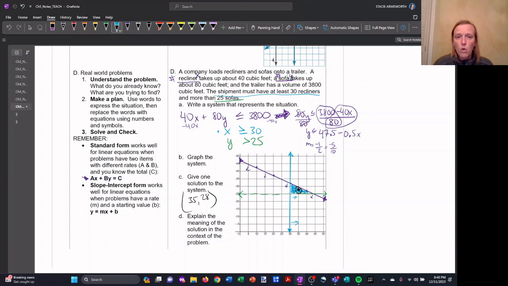What does this mean in the context of the problem? Remember, x value is recliners, so I can have 35 recliners, and for my y value, I could have 28 sofas. That would be a solution to the system. I hope this helped.